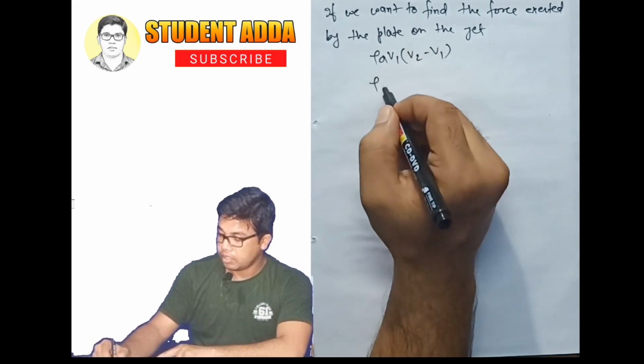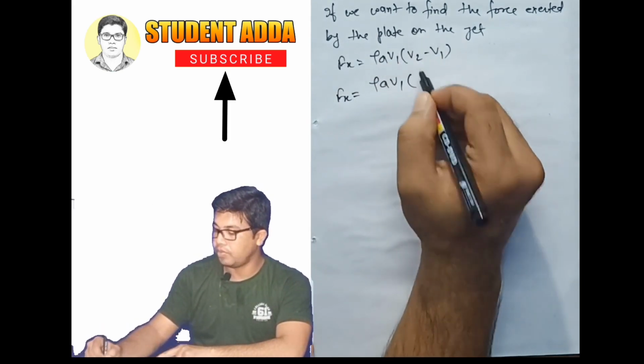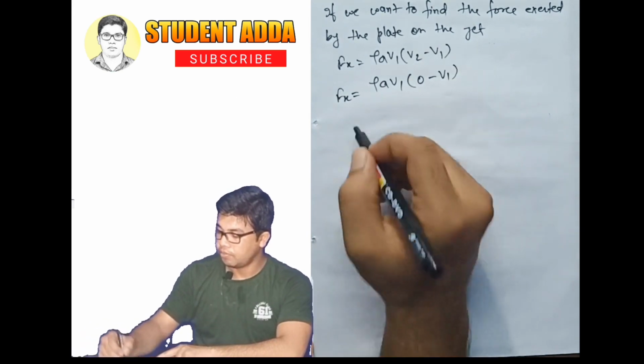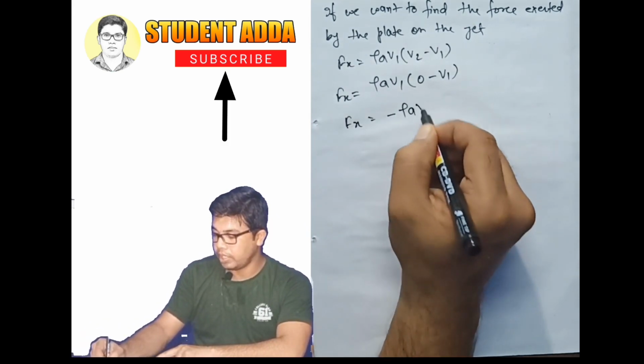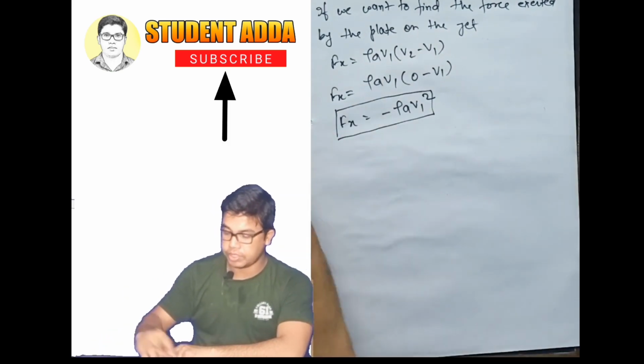Here v2 will be 0 and v1 will be v1, then Fx will be minus rho a v1 square.